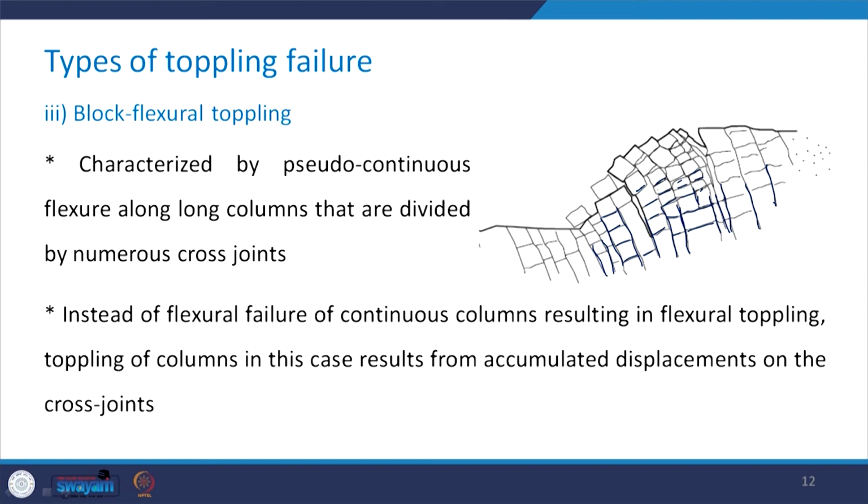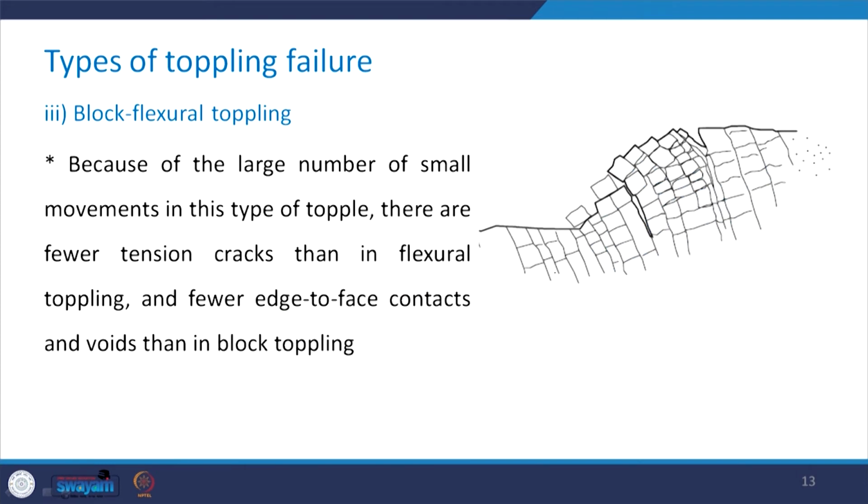You can see the gap here in between these cross joints. So, basically the toppling will take place from the accumulated displacements on the cross joints rather than having the flexural failure of the continuous columns which was there in the case of the flexural toppling.